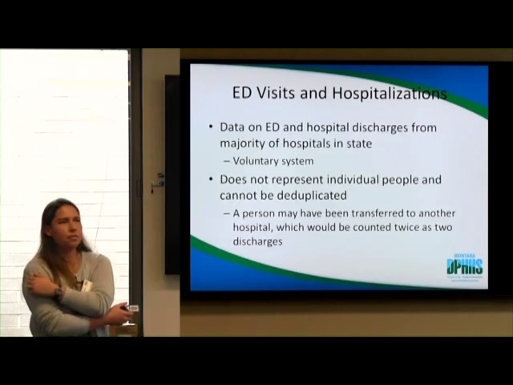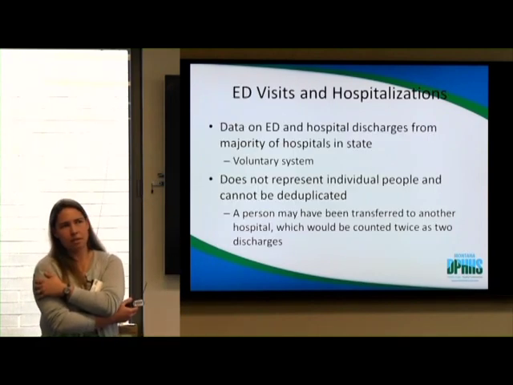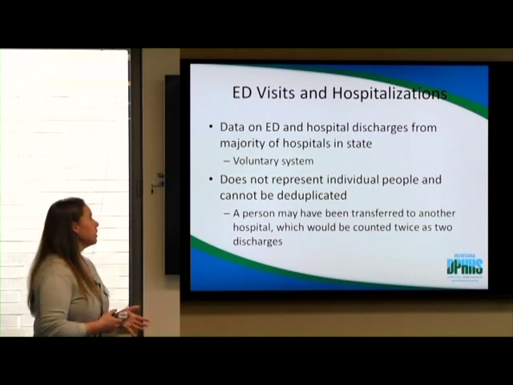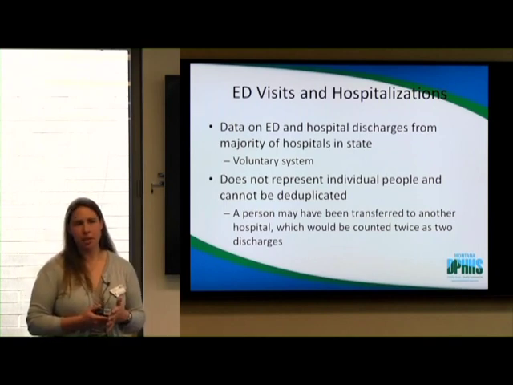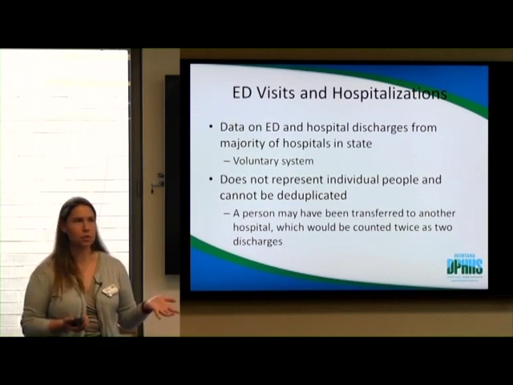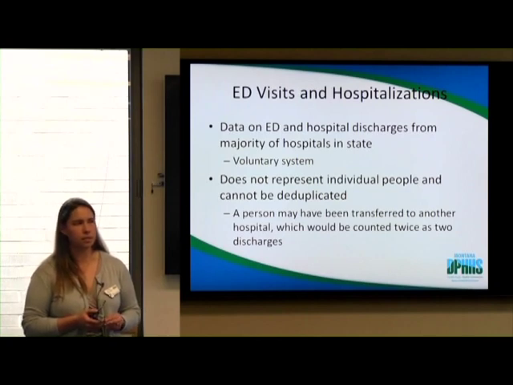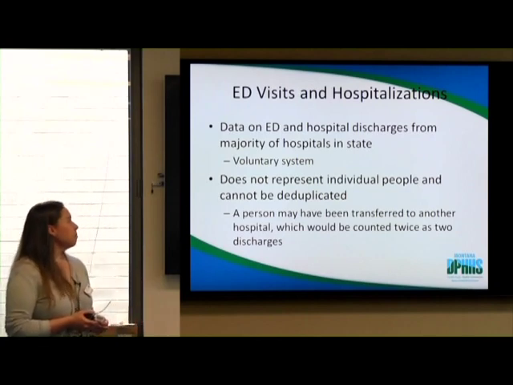So we also have discharge information on emergency department visits and hospitalization, so inpatient visits. They come from pretty much most of the hospitals around the state, though it is considered a voluntary system. I think they get over 90% of the discharges in those data files.